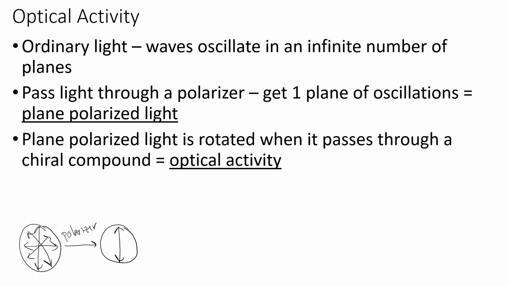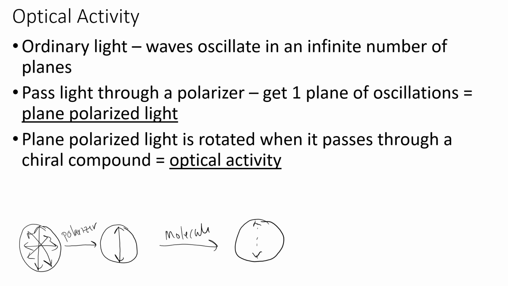What we're going to see with this plane polarized light is that if we pass that through a chiral compound, that light rotates. And this is what we refer to as optical activity. It's the rotation of plane polarized light when it is passed through a chiral compound. So if I take this plane polarized light and I look at it under the context of a molecule, what I am going to see is that that light is no longer going to stay in this position.